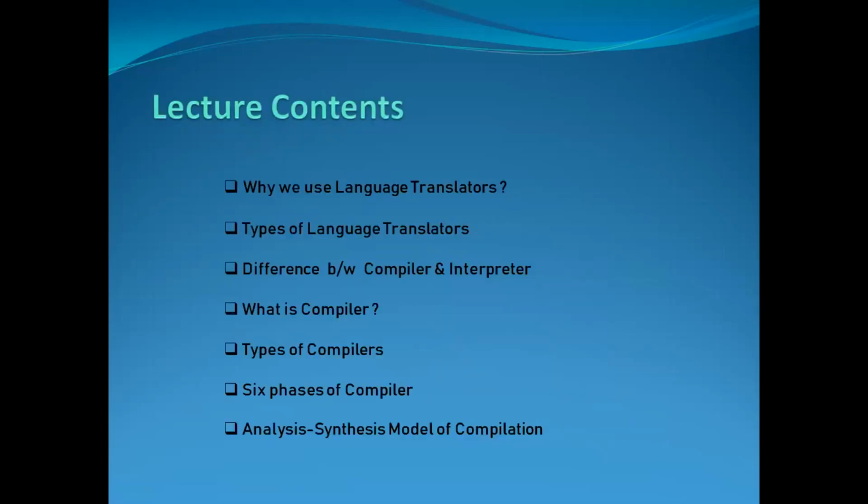Okay, let's move to the structure of today's lecture. Today, first of all, we will see why we use language translators. Then we will see what the main types of language translators are, and after that, moving towards high-level languages, because there are two types of translators, compilers and interpreters, we will see the difference between compiler and interpreter.